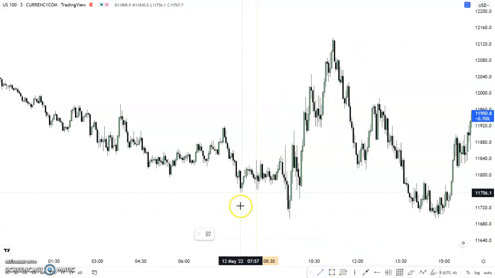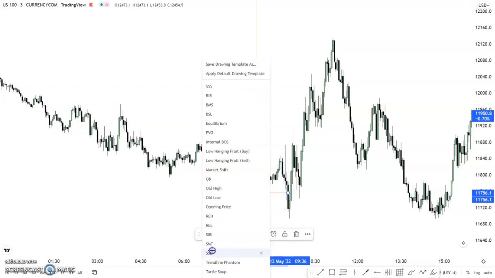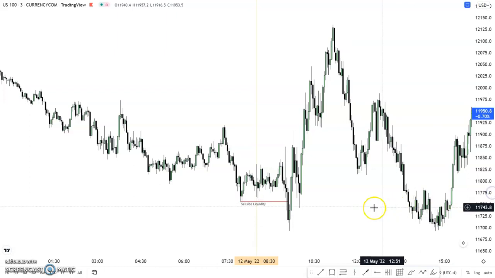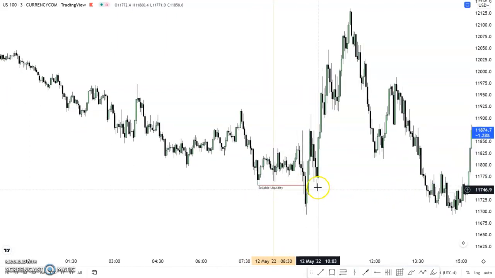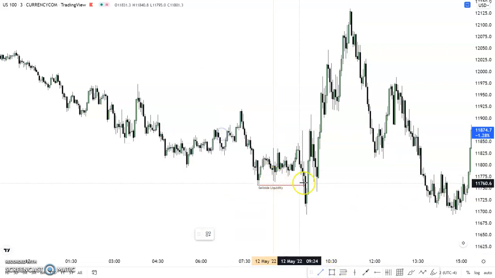And we had a low prior to 8:30, which got ran right there, the sell side liquidity, and in doing so, price traded higher, took out a high, and left a fair value gap. So there's the gap right there.